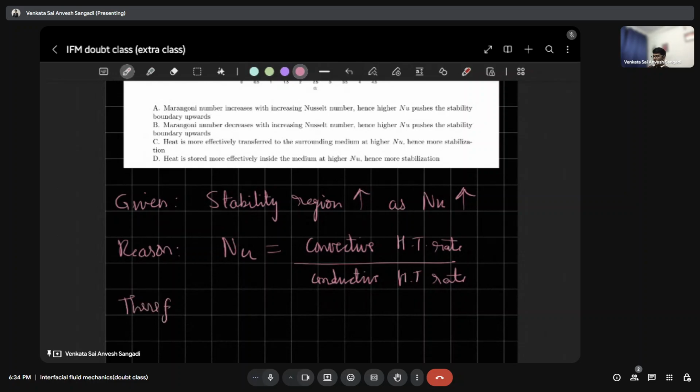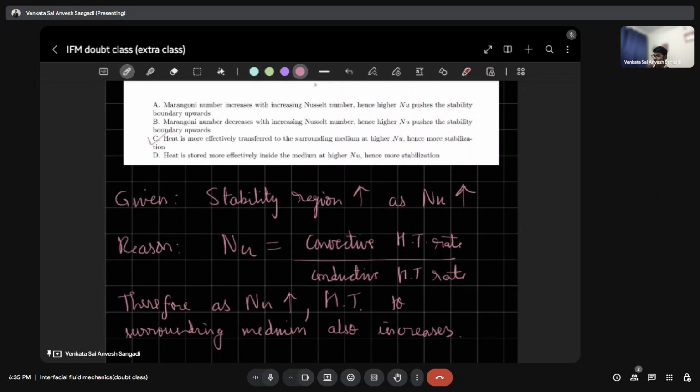Therefore, as Nusselt number increases, heat transfer to the surrounding medium also increases, having a stabilizing effect. So, therefore, the correct option is option C.